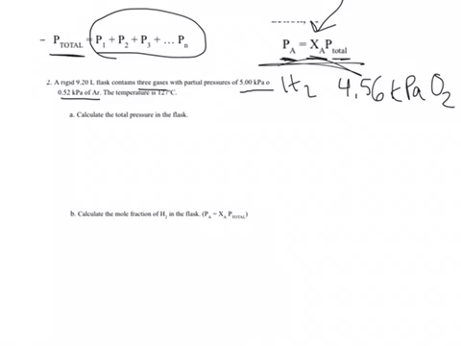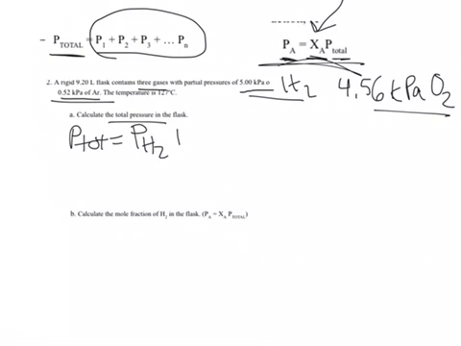So if I have 3 partial pressures, 1, 2, 3, and I want the total pressure in the flask, P total, I'm going to need the partial pressure of hydrogen plus the partial pressure of oxygen plus the partial pressure of argon, and just add them up.